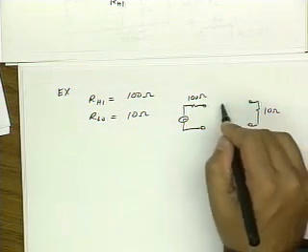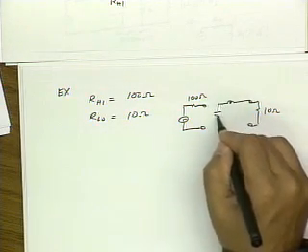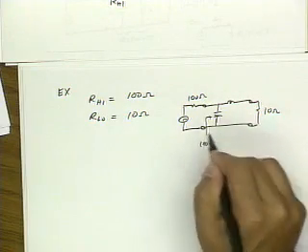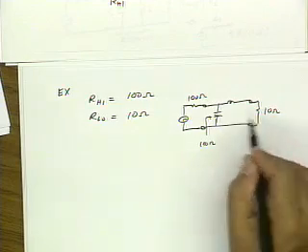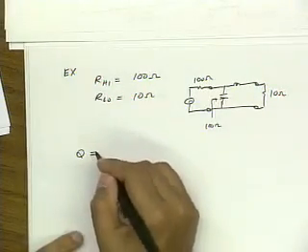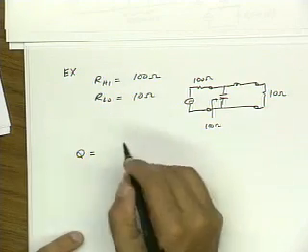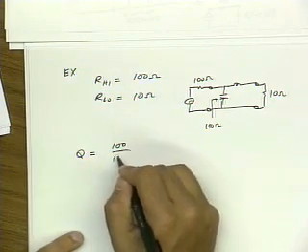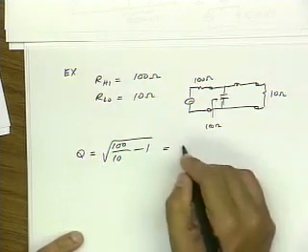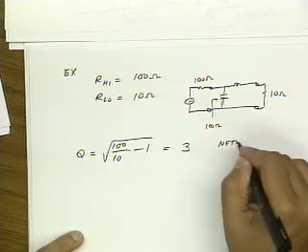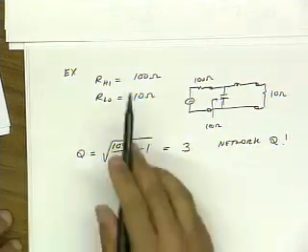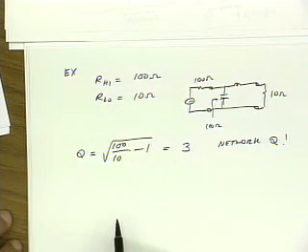So I'm going to put a matching network in here to make this 100 ohms, and then I extract the most power possible. I extract the available power. Well, the design equations are that the Q of the matching network therefore is the square root of R high over R low minus 1, or 10 minus 1 is 9, square root is 3. So the network Q is fixed at 3 based on this impedance matching network.